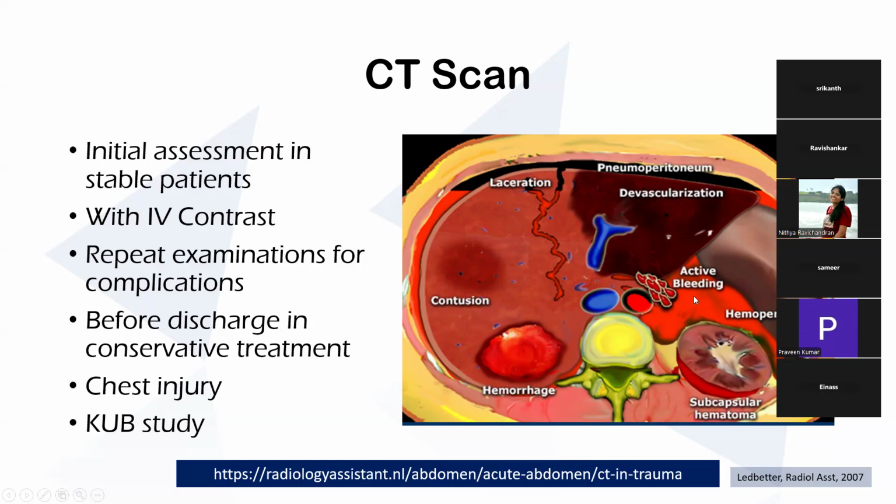How does active bleeding look to you on CT, Samir? There will be evacuation of contrast. What is that process called? It's not called, what did you call it? Extravasation. Yes, sir. It's not that word, it's something else.